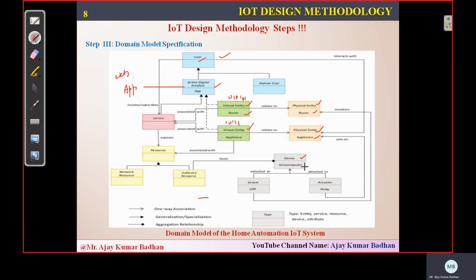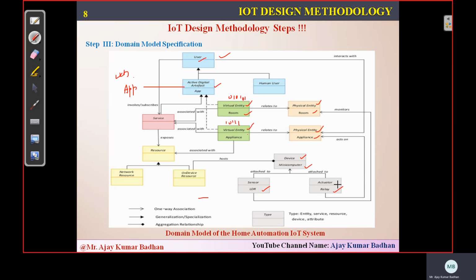What are the devices we have? Definitely we require a mini computer. A small computer is required in order to execute whatever sensors we are deploying. What are the different sensors we are deploying here? We are deploying an LDR, which is nothing but your light sensor. Another one is the actuator. Actuators are used to switch on or off.